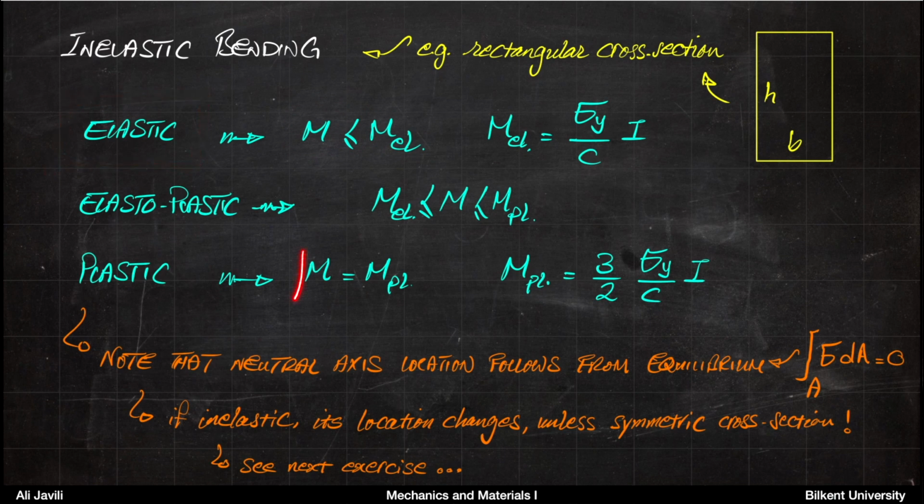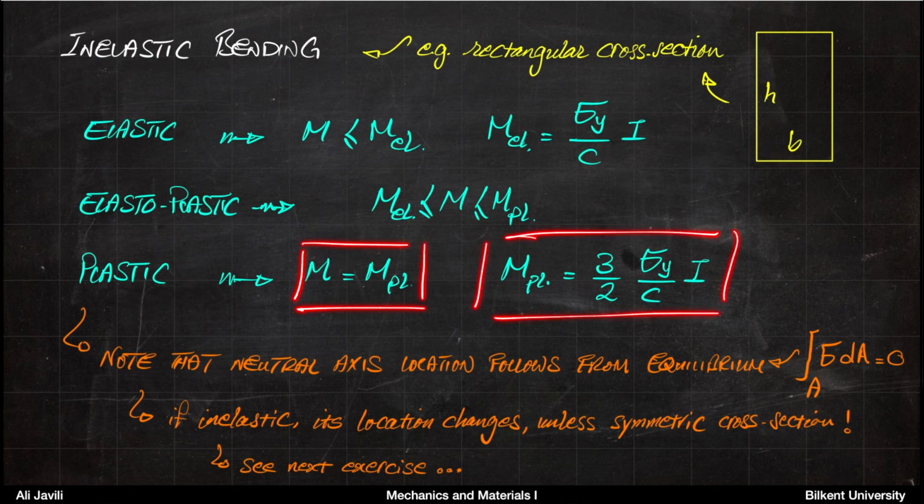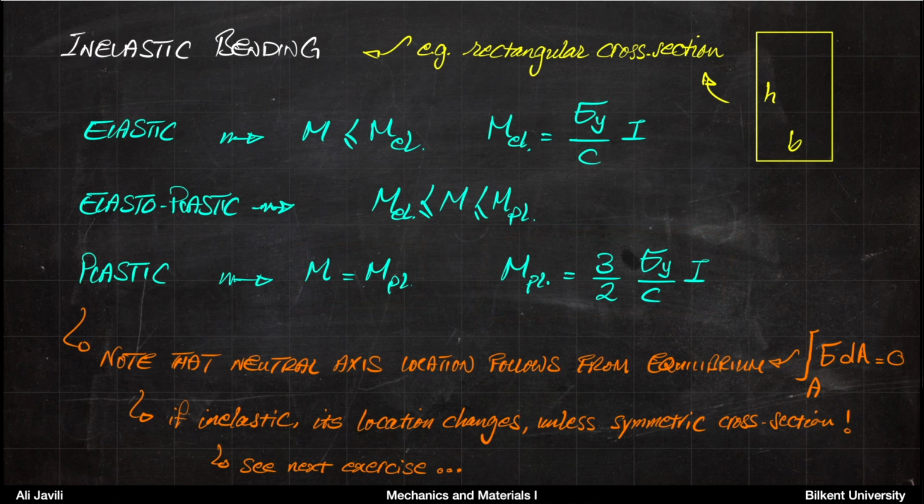If your moment reaches the plastic moment, 3/2 sigma_y divided by c times I, then you are in the plastic zone. That's the maximum moment that you can apply. You cannot exceed this. So maximum plastic moment is actually the maximum moment.